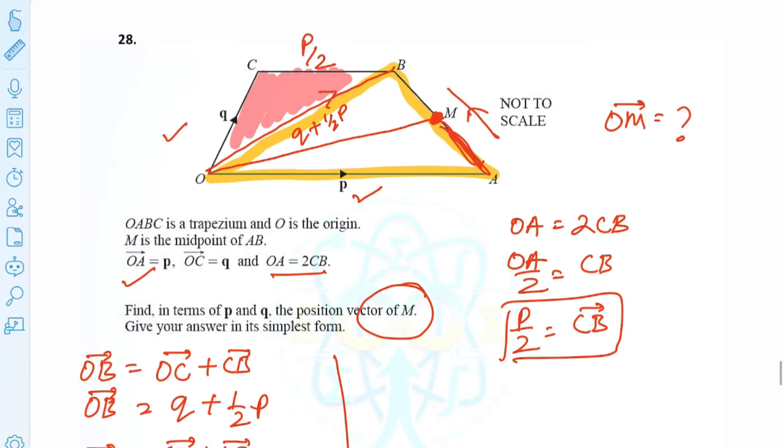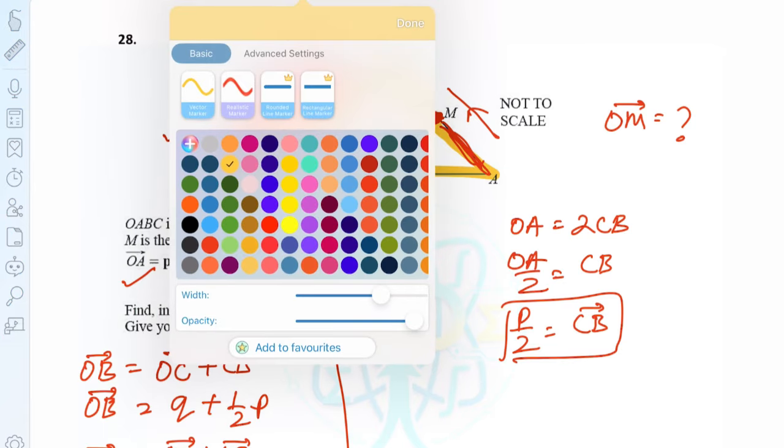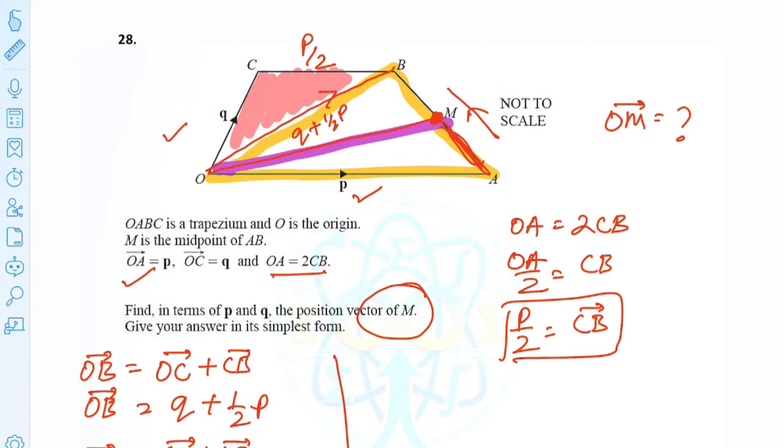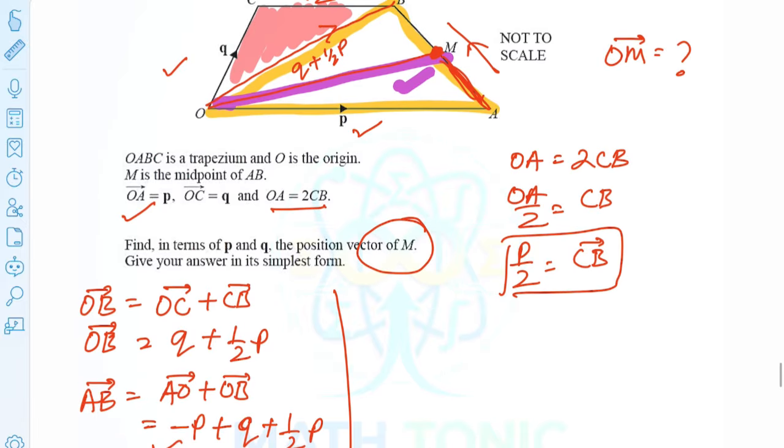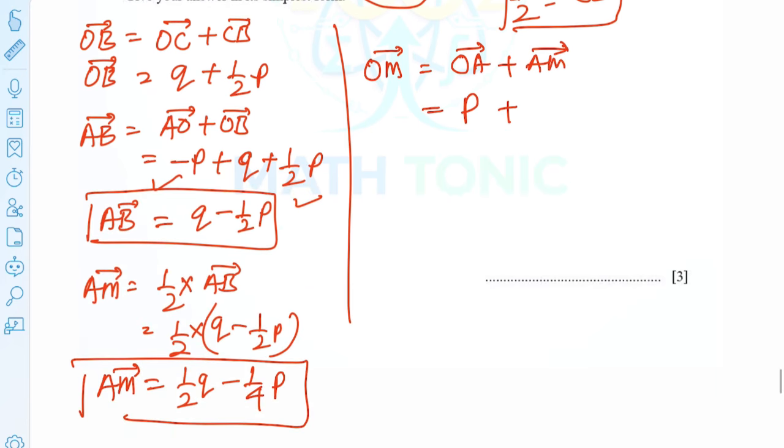So which vector do we need to find? The OM vector. If I talk about this triangle, OM vector equals OA vector plus AM vector, right? OA vector is given as P, and the AM vector I've got here is half Q minus 1 over 4P.